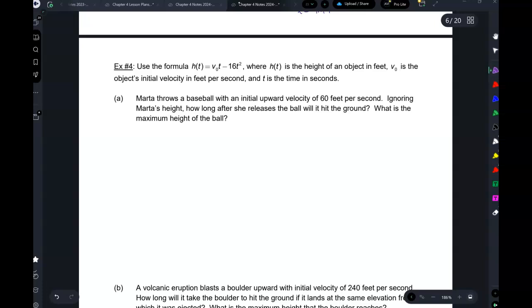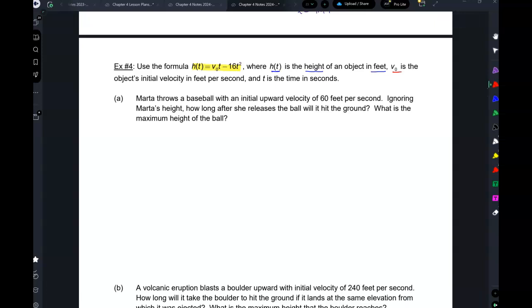We have an equation that's given to us, right? We're going to use this for the entirety of this problem. So h of t is the height of an object in feet. This is important, right? You want the quantity and you want the units.